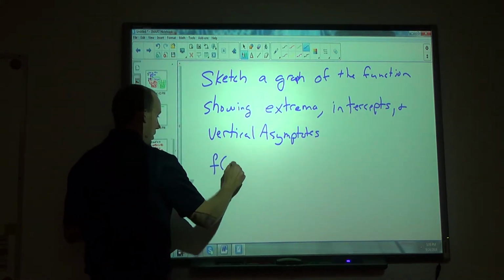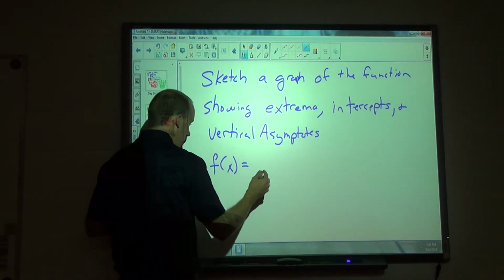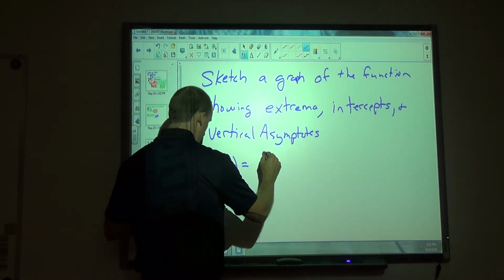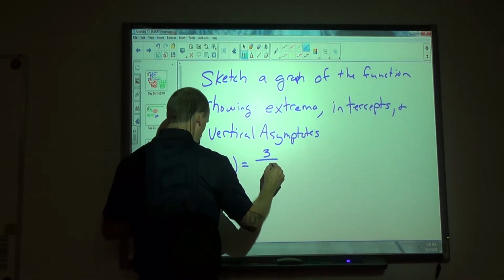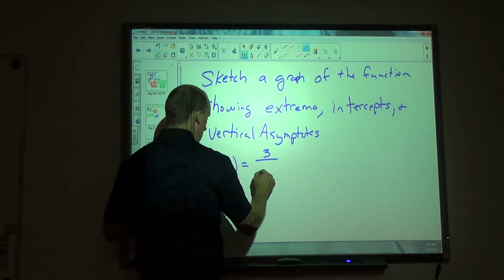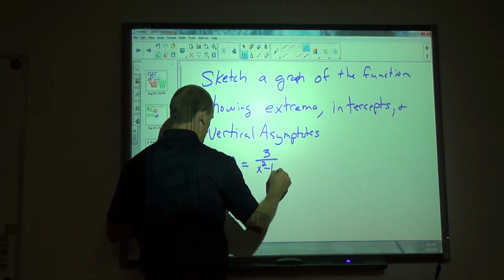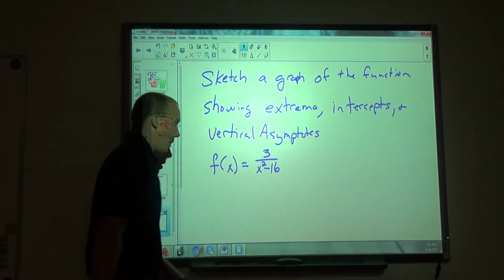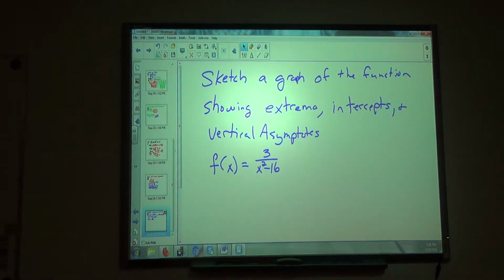Just vertical? Yep, just vertical. So let's say I have 3 over x squared minus 16. Okay, try that one as 1. That'll be number 13, and then 14 is another one like that. Extrema is the maximum and minimum, correct.